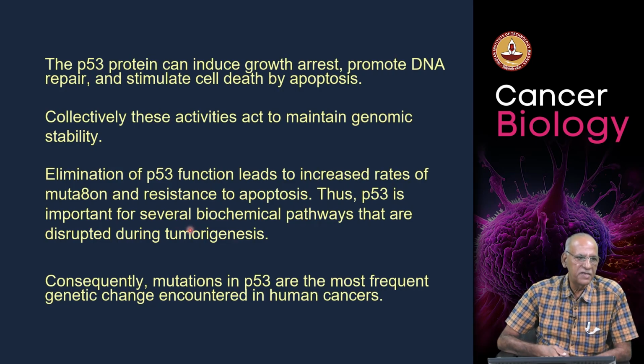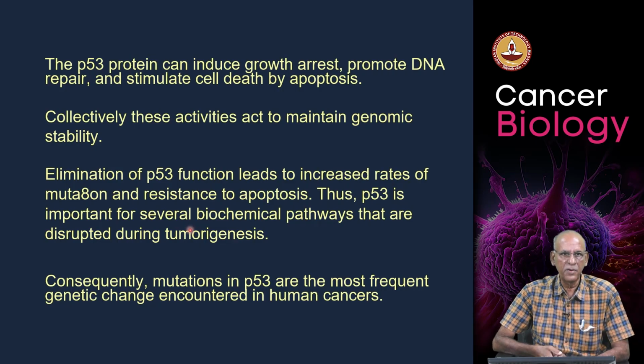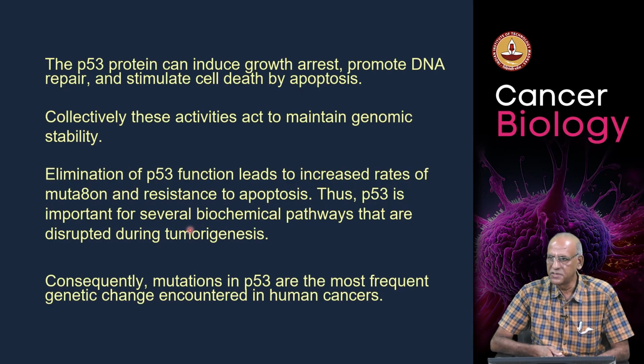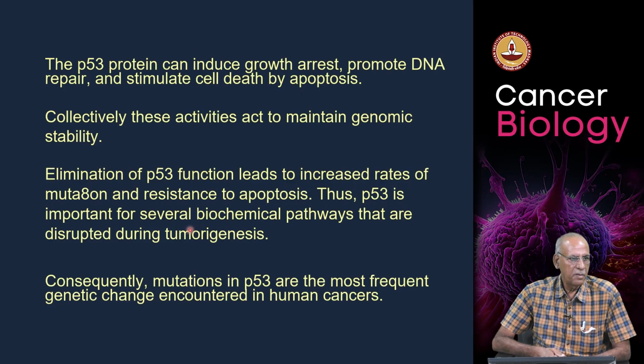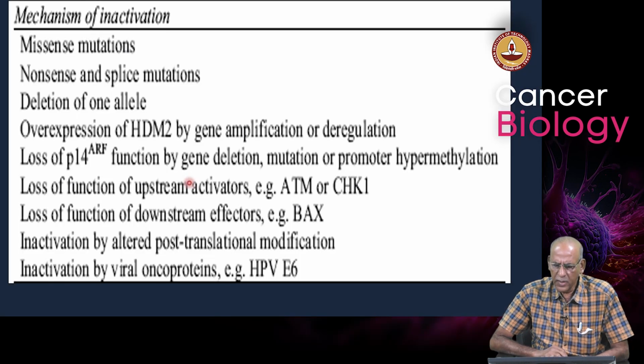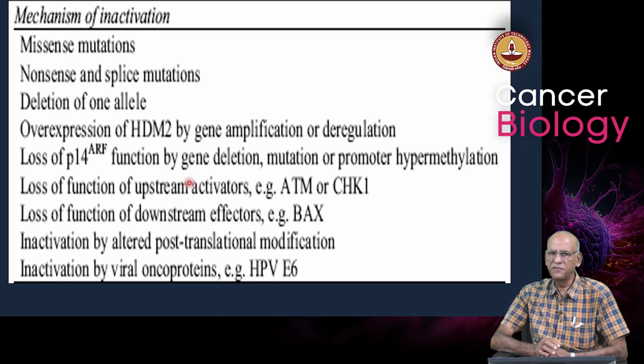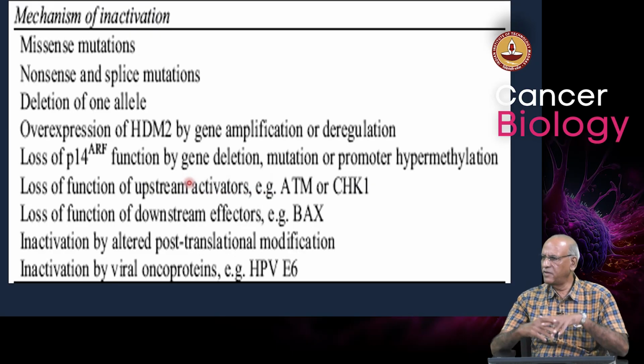p53 is important in several biochemical pathways that are disturbed during cancer development. Consequently, mutations in p53 are the most frequent genetic changes in human cancers. So, that is why p53 is extremely important. You can inactivate a transcription factor like p53 by several mechanisms.